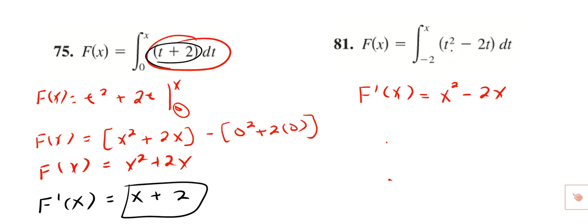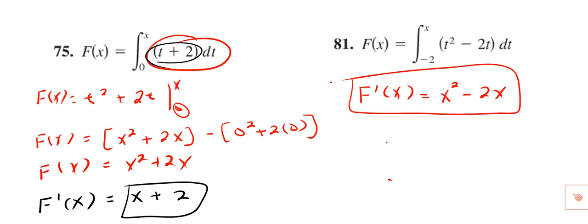And that's it. We just simply evaluate this at x squared minus 2x, and we're done. Now you could go through step 1 and step 2 like we did over here, and you would come out with the same result.